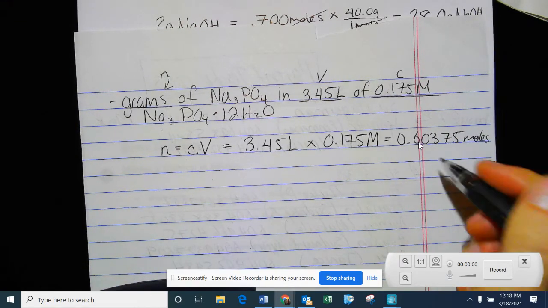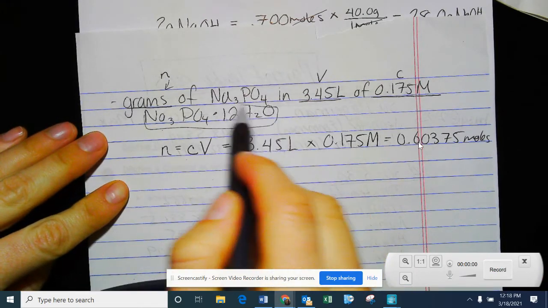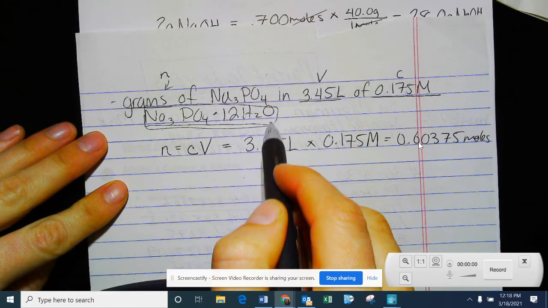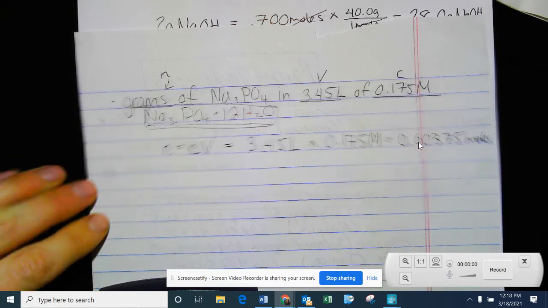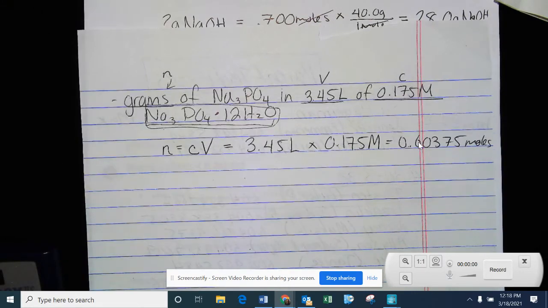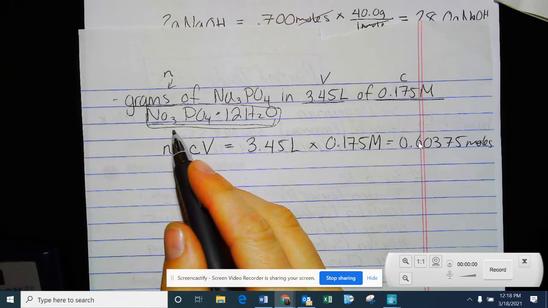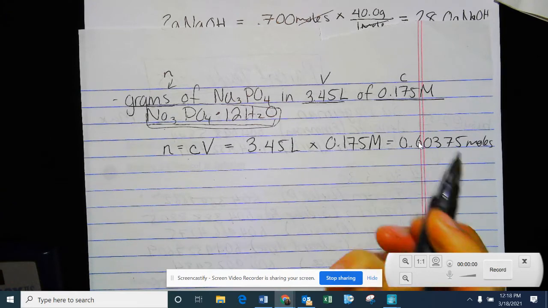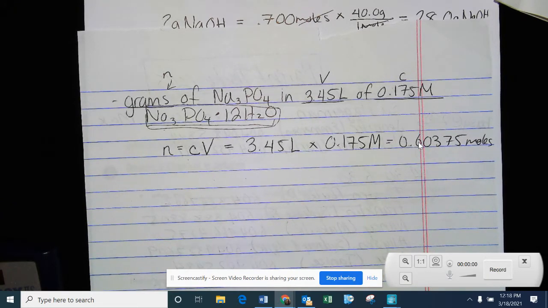Now, if I want to go from this into grams, I need to use the molar mass. This is my actual molecule, so I need to find the molar mass of that whole thing, right? So what I'm going to do is go, what's the molar mass of this? Did anybody calculate that? Can anybody calculate that?